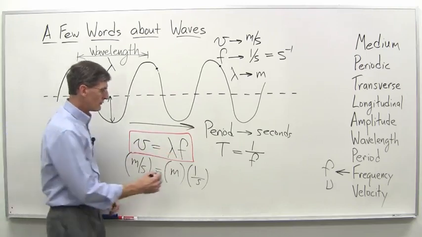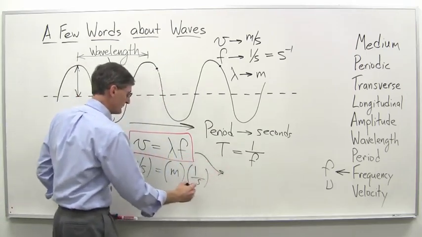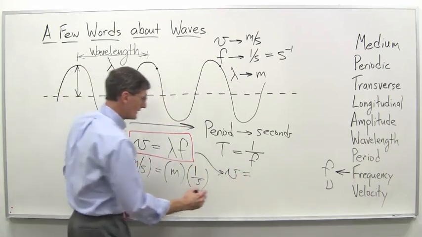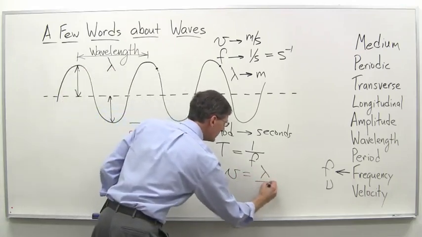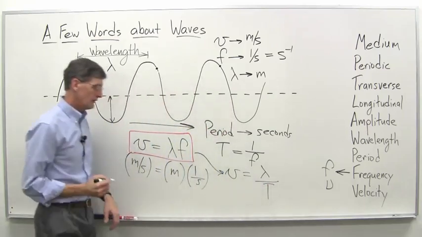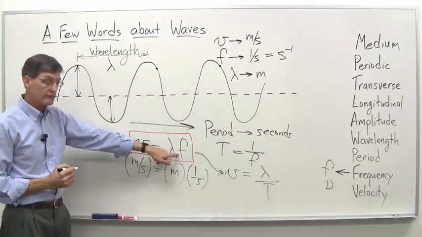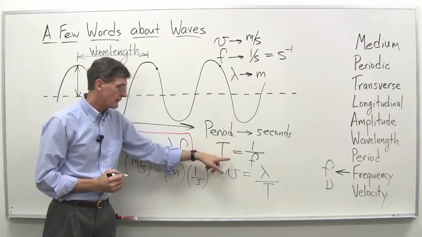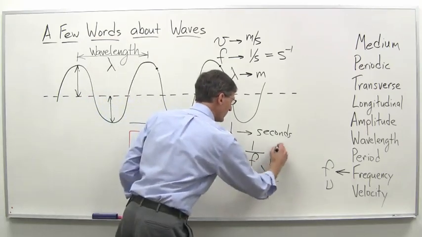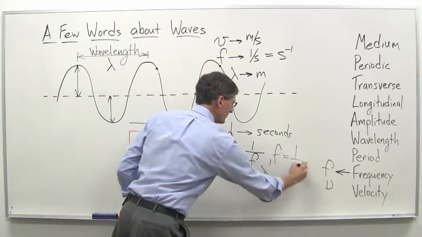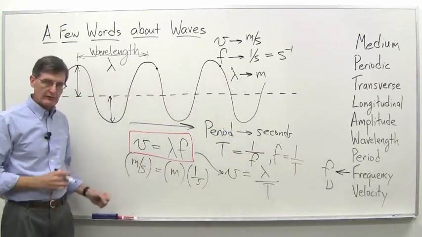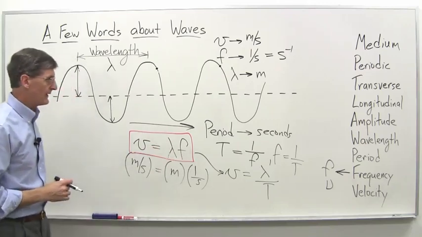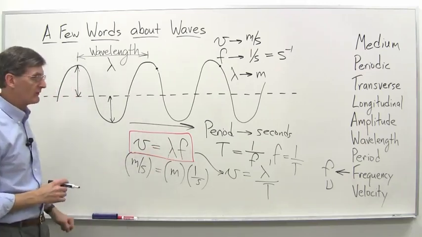Lambda times frequency is the same thing as, we could say also, V equals lambda divided by the period, because frequency is 1 over the period, and period is 1 over the frequency. So we can mix and match those relationships, as long as we're doing it the correct way and have the units right.